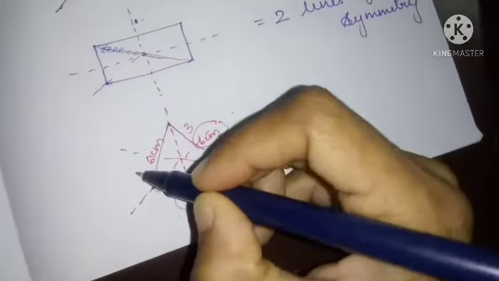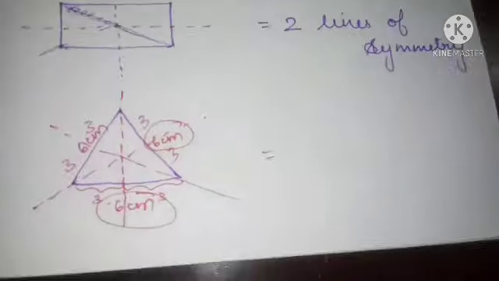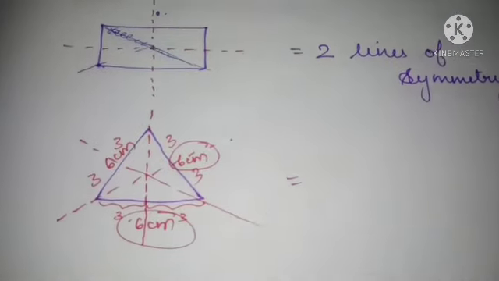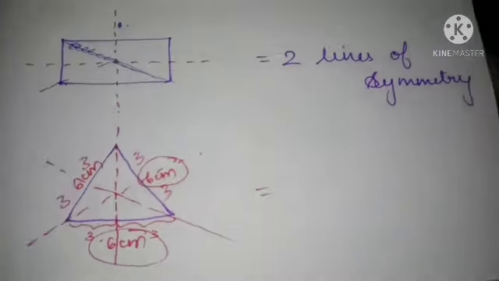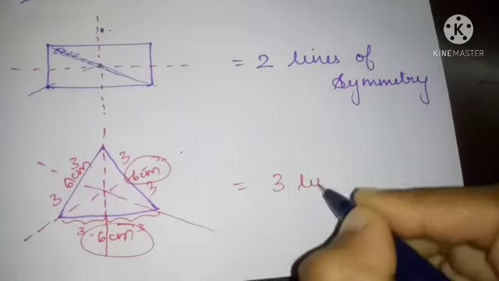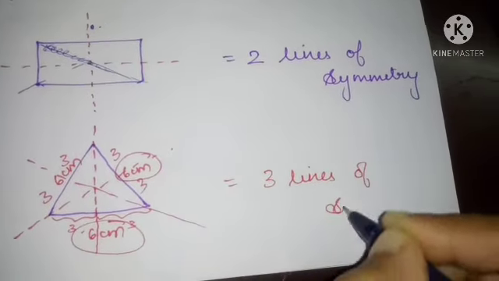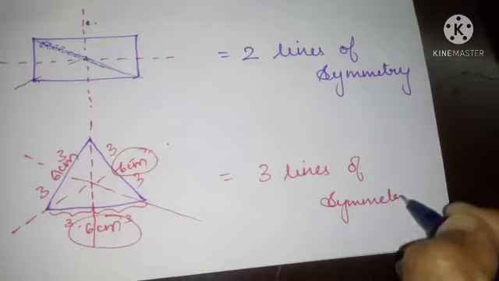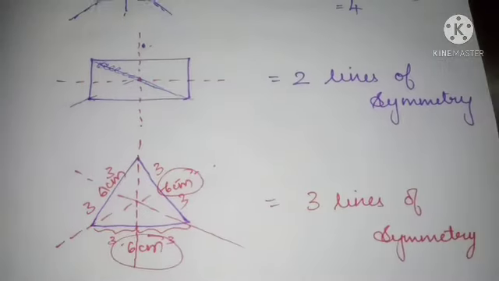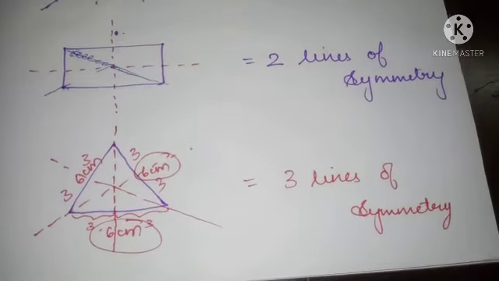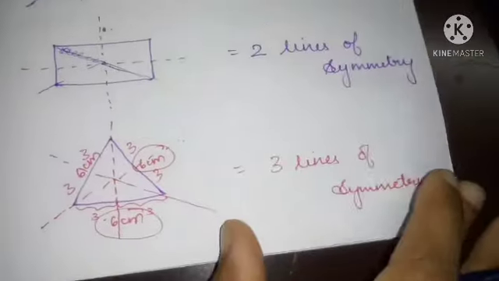Next, this 6 centimeter will be divided into 3, 3. So, equilateral triangle. Be careful children. It is possible only for equilateral triangle. For equilateral triangle, we form only 3 lines of symmetry.